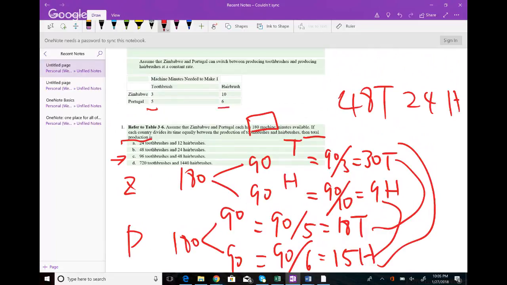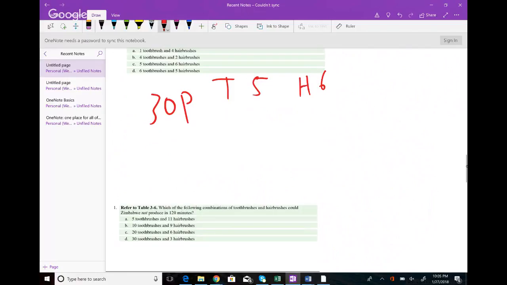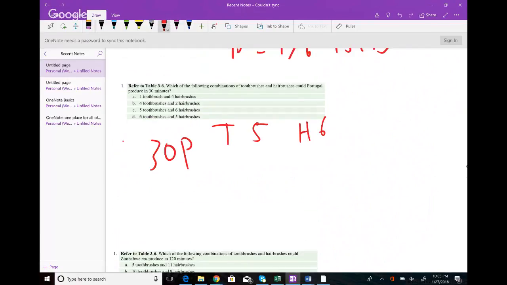For every one hairbrush, it's 6 minutes. So toothbrush is 5 minutes. Hairbrush is 6 minutes.